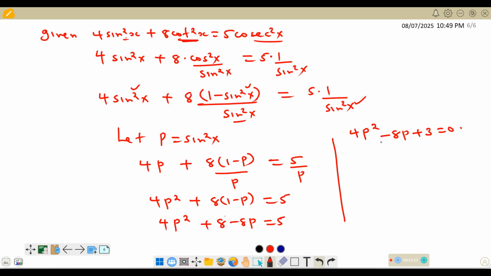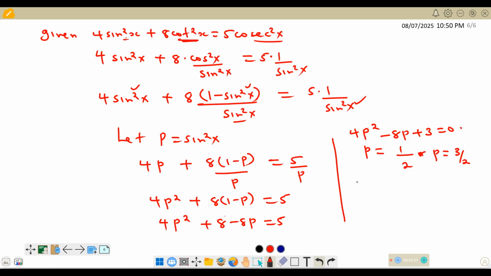This is a quadratic equation which can easily be solved, and when you solve this, you'll be able to get the values of p. So the values of p will be obtained, and this will be 1 divided by 2, and another one will be 3 divided by 2.